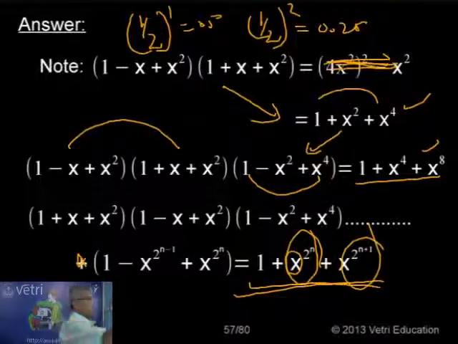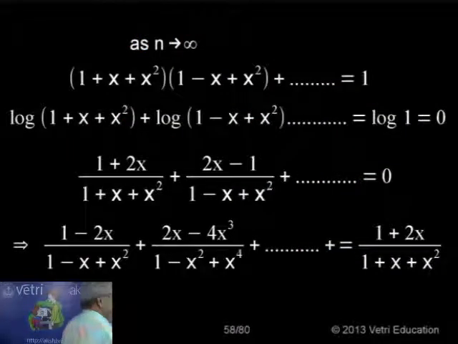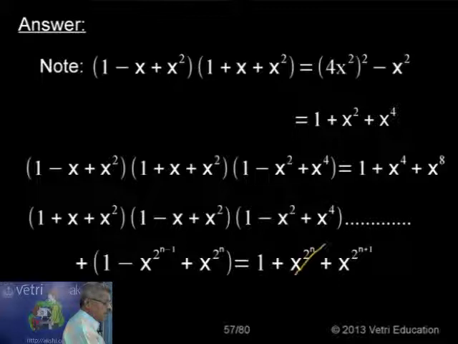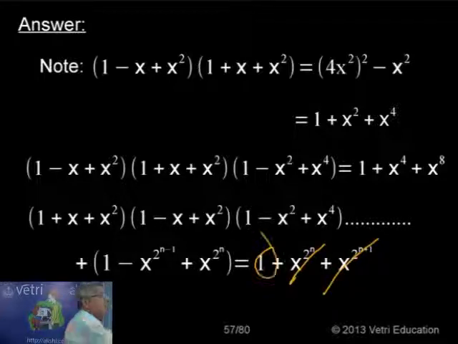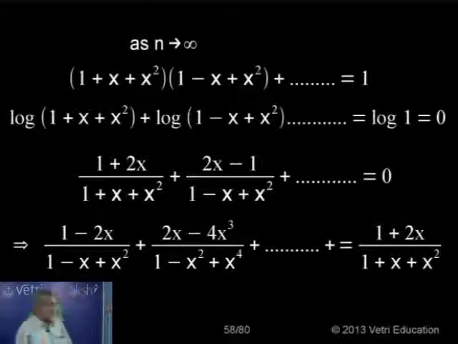Therefore, ultimately, we are going up to infinity with 1 minus x plus x square, 1 plus x plus x square, 1 minus x power 4, like that. So this product as n tends to infinity, on the right hand side we get 1, because this term becomes 0, this term becomes 0.